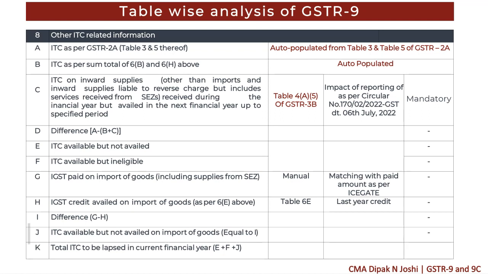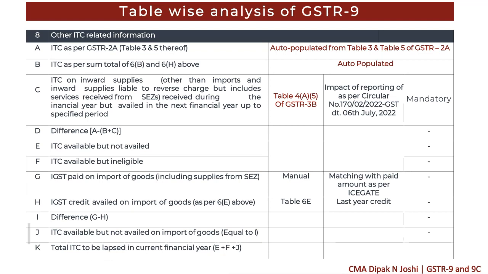Unfortunately, in table 8, you will not find the impact of reversal of ITC. Nowhere have they considered the impact of table 7, that is reversal of ITC, and that is why the difference will increase, and it is very difficult for the assessee to convince the department official on the difference amount of table 8D.